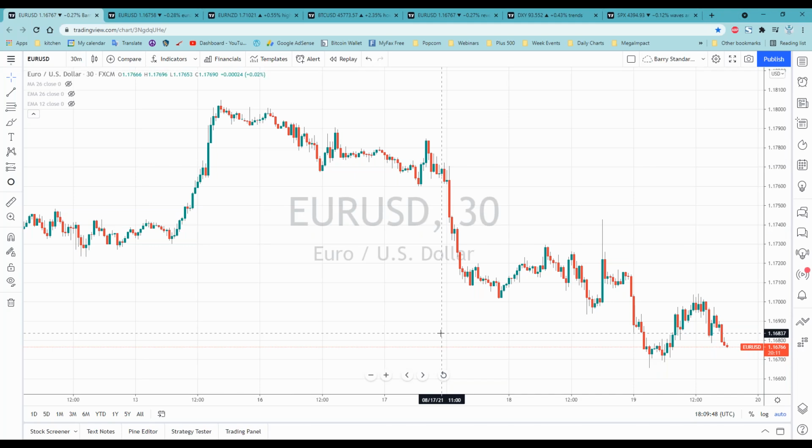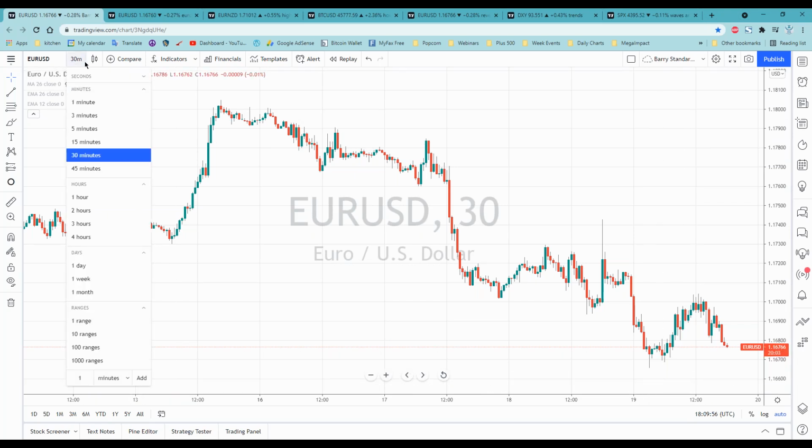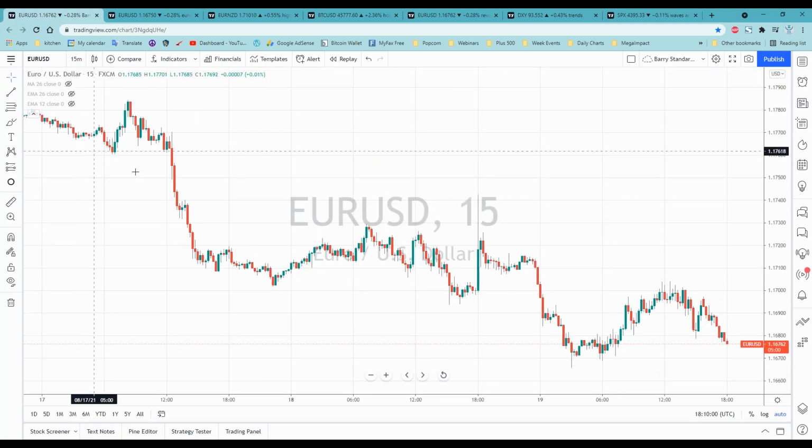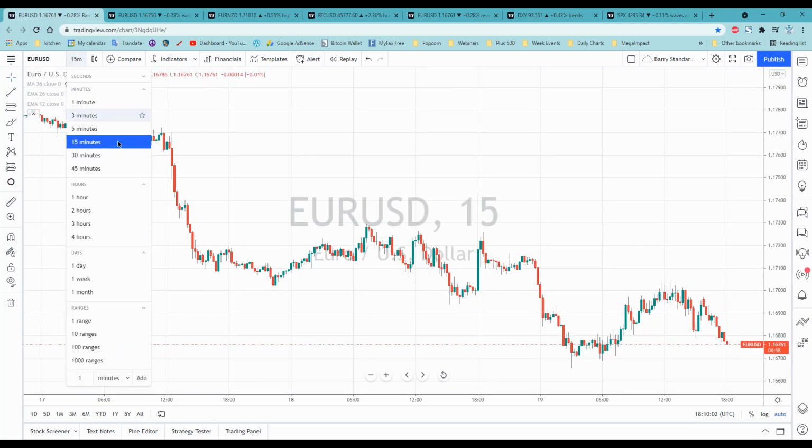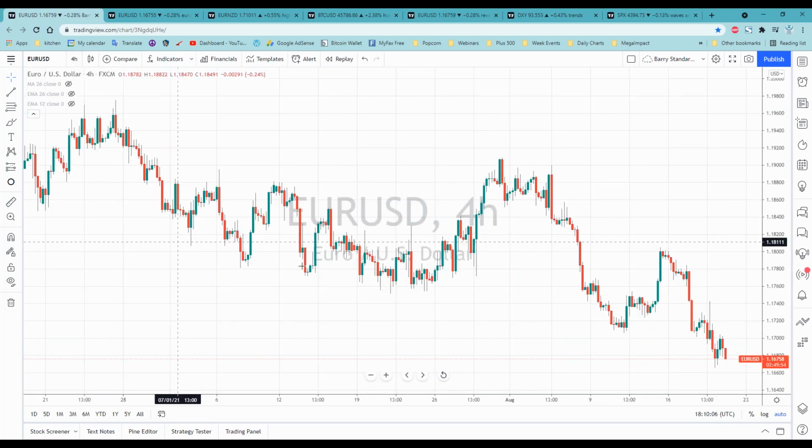Okay, so now looking at a 30-minute chart, we can see more definitively what price is doing. And looking at a 15-minute chart, we can see more definitively. But what we want to do is go back out to a 4-hour chart. Well, we don't see that surge up as defined, but we do see the down surge.